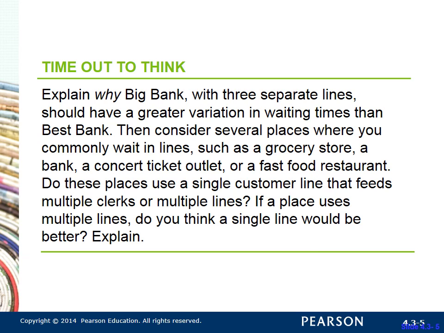I like the one big line that feeds, because if you happen to get into the wrong line, which could explain why you have a bigger variation at Big Bank, you have somebody who goes fast, and then you have the teller who goes super slow, and these customers just end up waiting and waiting and waiting because of the person who has 6 things to do, as opposed to if they just got called to the next teller, you can kind of work around that one person who's taking a really long time.